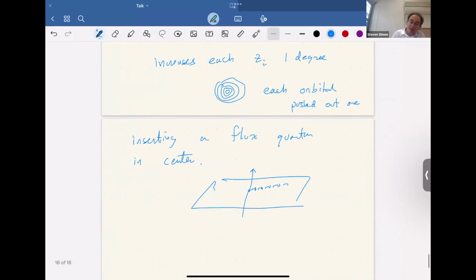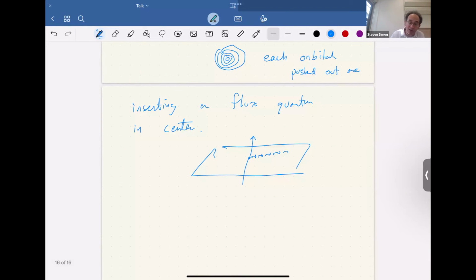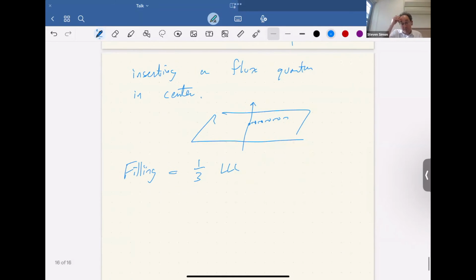And then how much density is left behind? What charge is left behind? Well, I filled 1/3 of the Landau level, and that means 1/3 of the orbitals are filled. Now if I leave a hole, the single orbital at the center is definitely empty. So I've left one orbital in the center empty, and all other orbitals have a 1/3 chance of being filled.